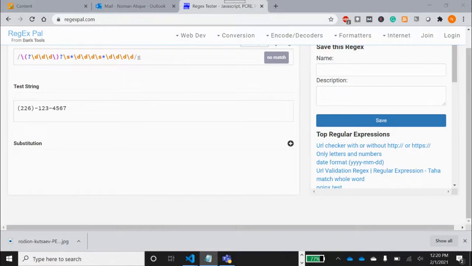A dash or a space should be recognized. Both of these things should be recognized over here.